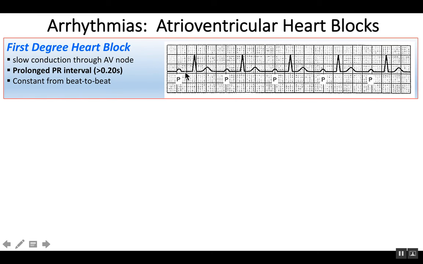So there's a prolonged interval between the P wave and the QRS. We often call this a prolonged PR or PQ interval. So if we were looking at a normal EKG, this P wave would be much closer to that QRS. So when you see an elongated interval here, that often means something is blocking that transmission.